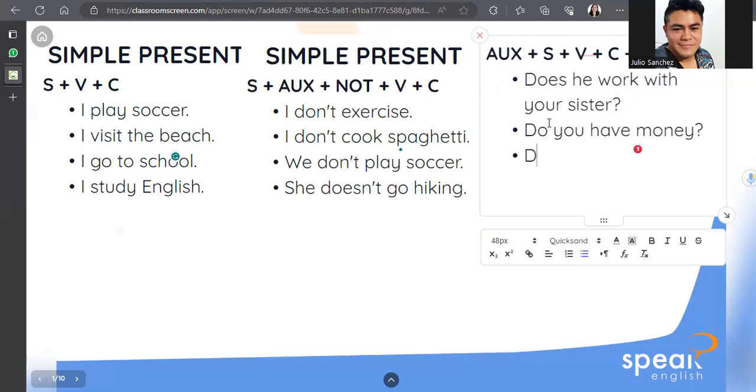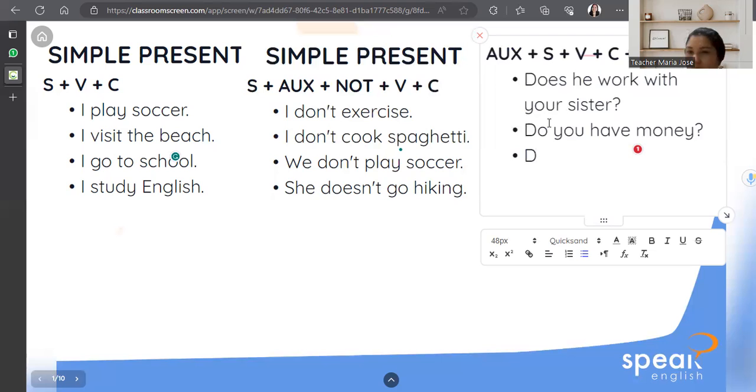Does he has hungry? Hungry is how you feel. That is for the verb to be, not the simple present. Okay, another example. Do you go to the beach? Okay.